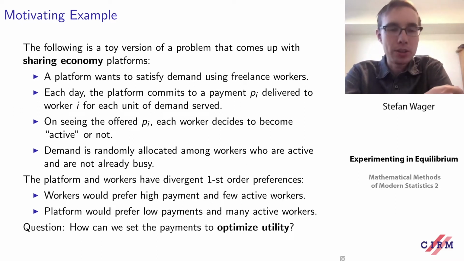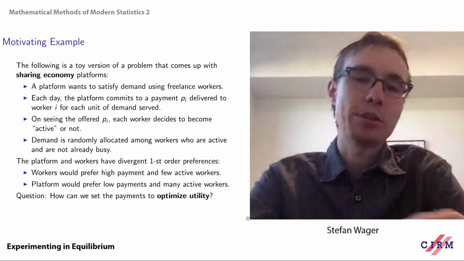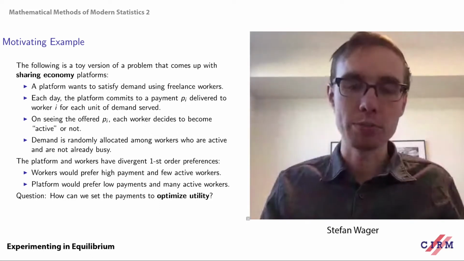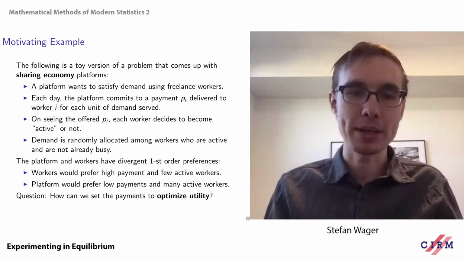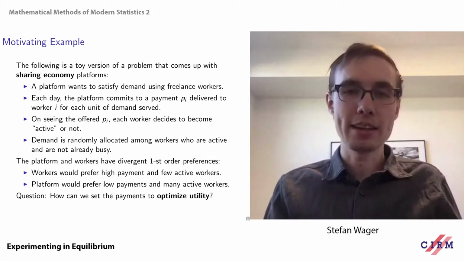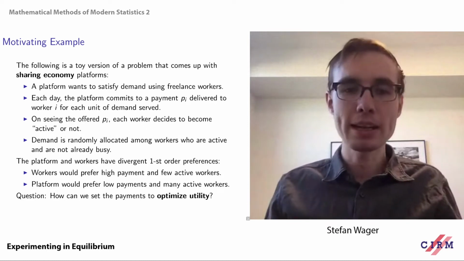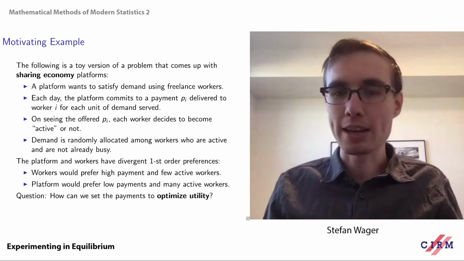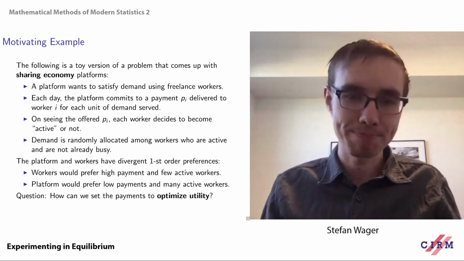Then the workers see PI. Based on that, they choose to become active or not. And then some fraction of all workers who could have potentially chosen to become active on the platform that day, in fact, become active. And then, once you have a specific number of workers and a specific amount of demand, the demand is randomly allocated among everyone who's active and is not already busy.